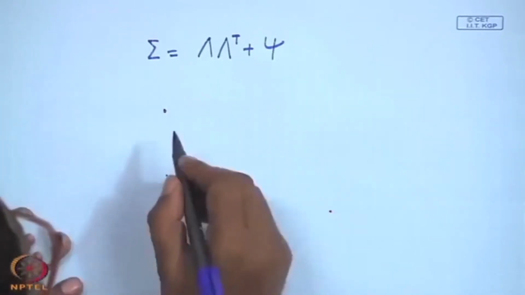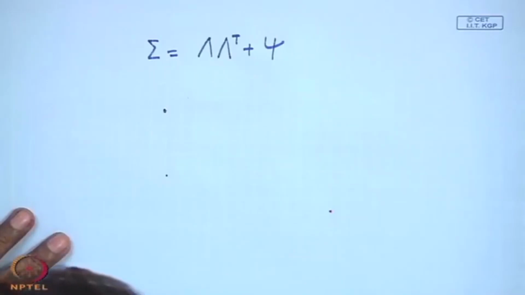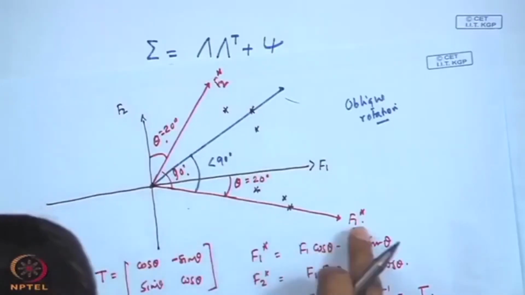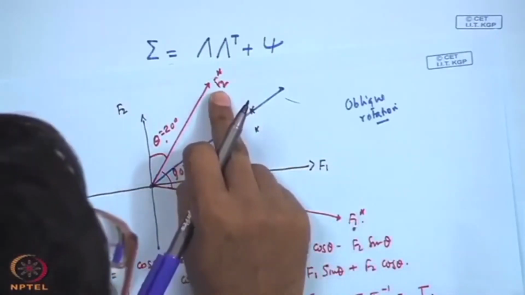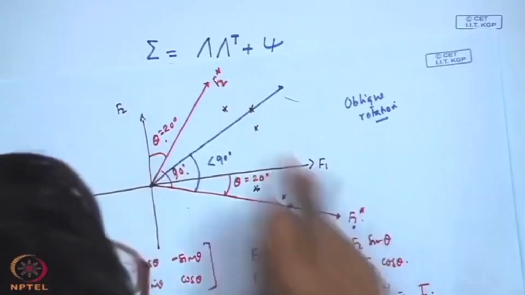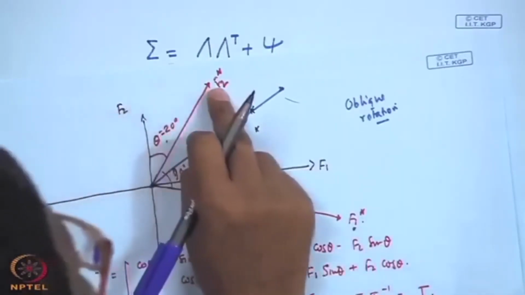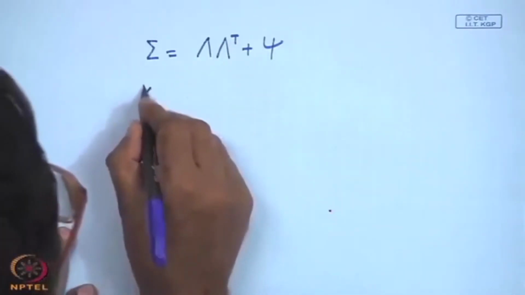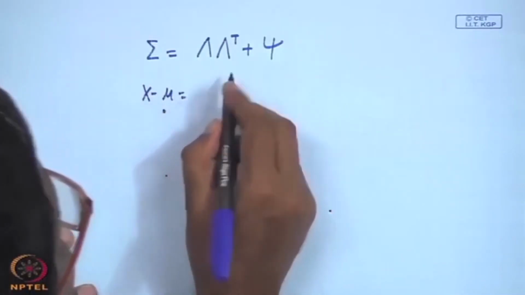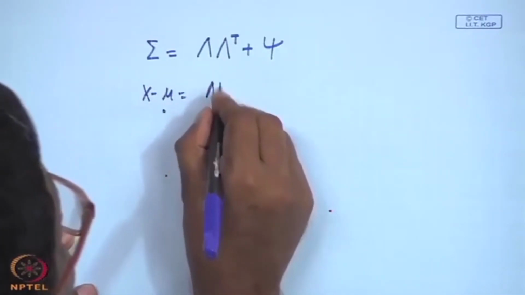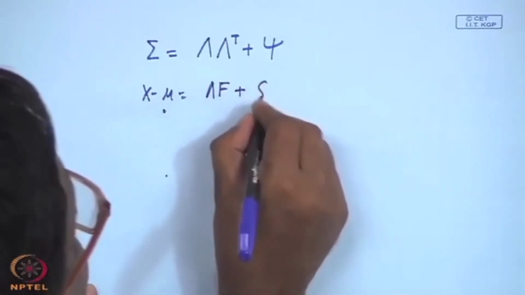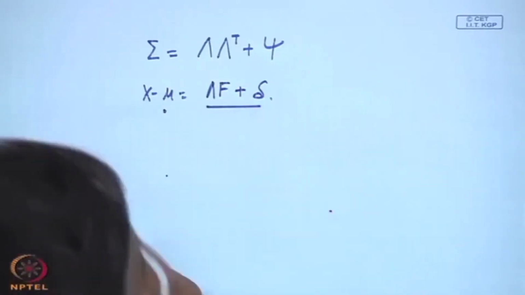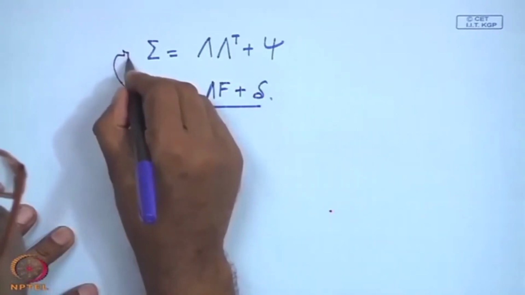Now, when we have created this type of transformation, rigid transformation, that is f to f star, that is f1 to f1 star, f2 to f2 star, then what actually happened ultimately? Our original model is x minus mu equal to lambda f plus epsilon, and from this model you got this structure.